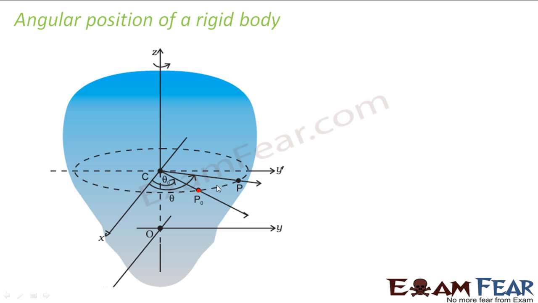After some time, the angular displacement changes from theta naught to theta in some time interval delta t. As the angular displacement changes, your angular velocity also changes from omega naught to omega. As your angular velocity changes, there is sometimes an acceleration involved which is given by alpha. So this is how we describe the kinematics of rotational motion of a rigid body.